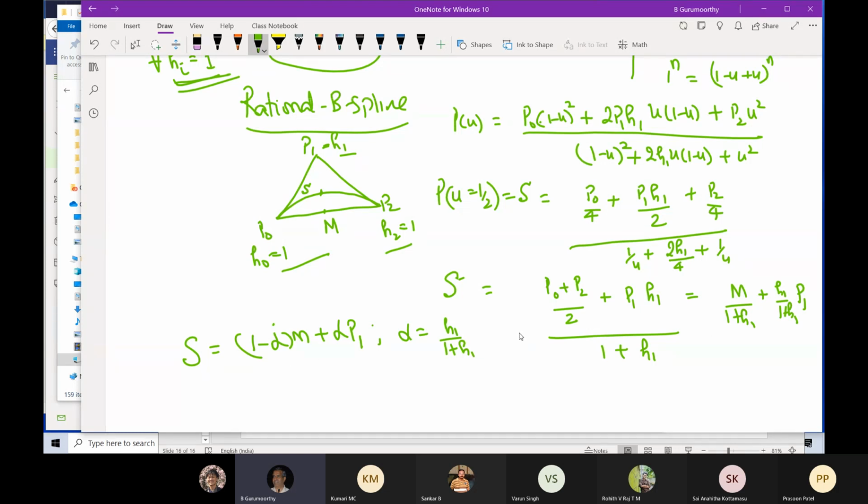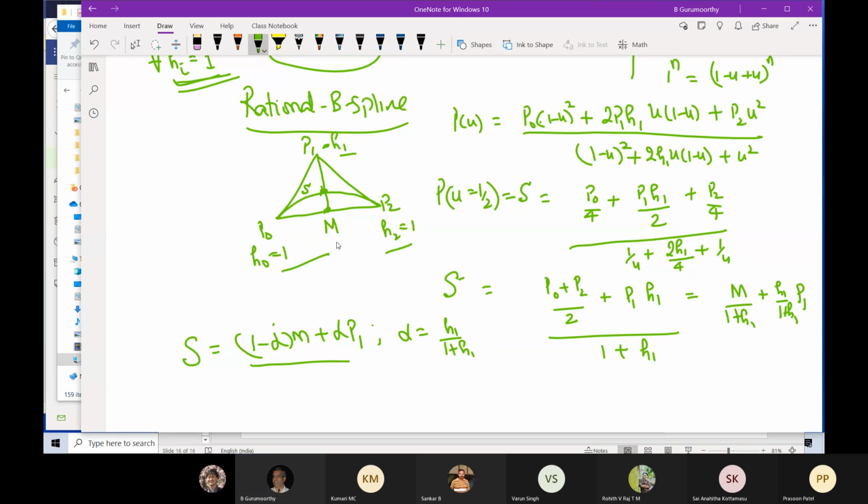So that's correct. So here is the point of significance for us: what does H1 mean for us? Think of it here that this is defining a straight line between M and P1. So that's what this is defining, this line.